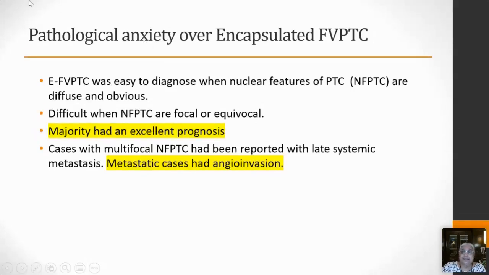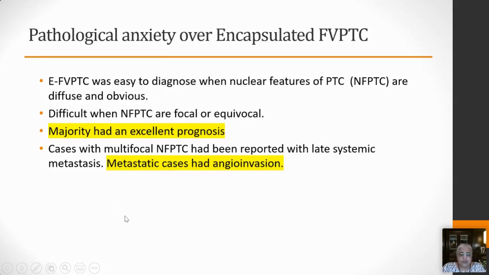But more than that, the majority had an excellent prognosis. And those cases with multifocal NFPTC or equivocal features that were reported to have late systemic metastasis, those patients, when you reviewed them, always had angioinvasion.